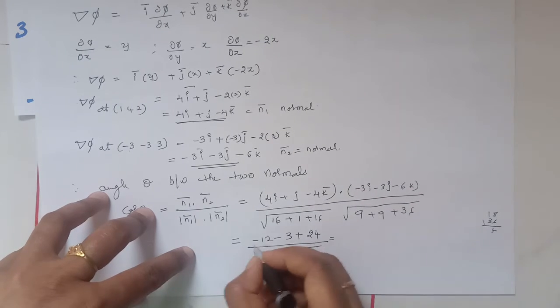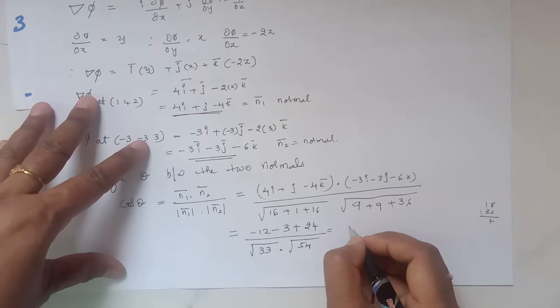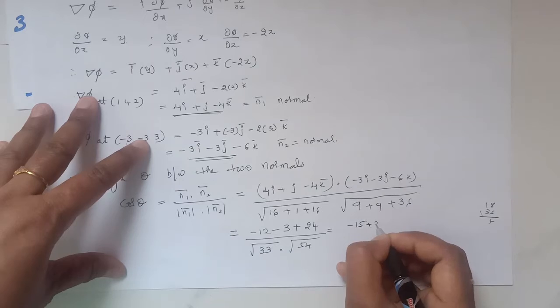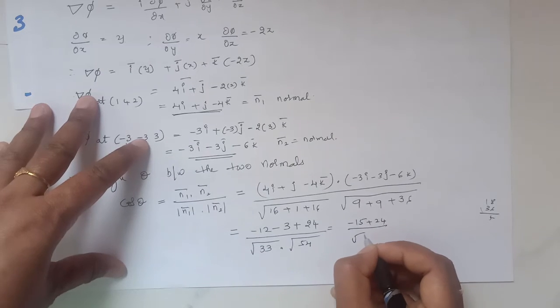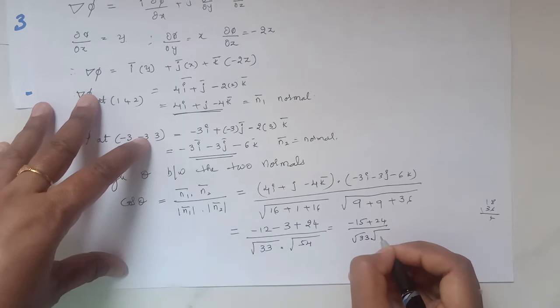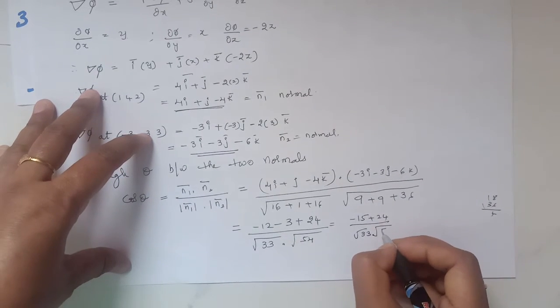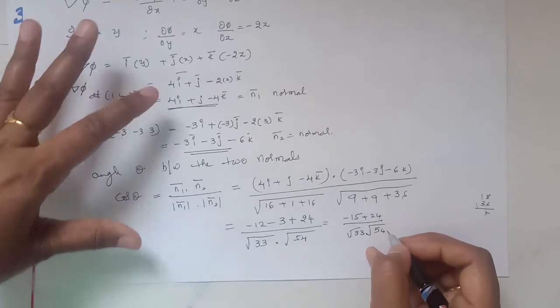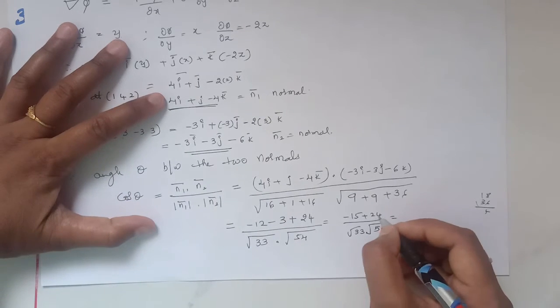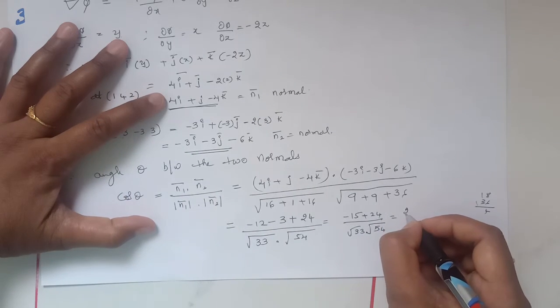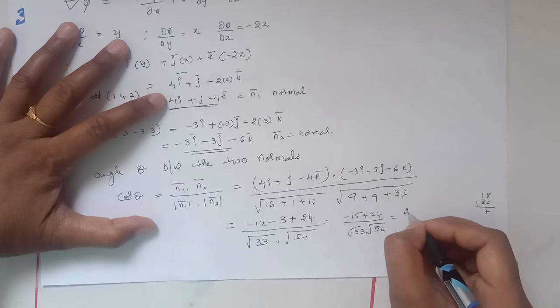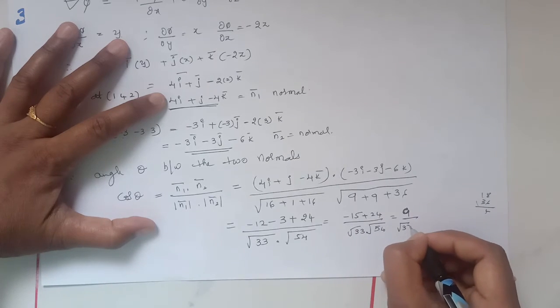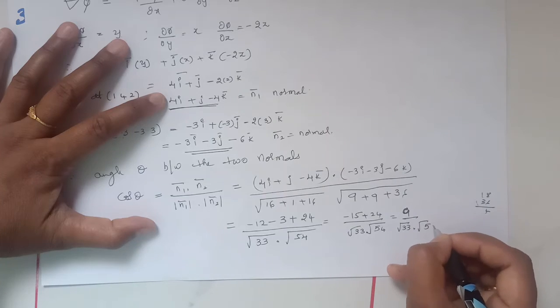This is equal to minus 12 minus 3 is minus 15, plus 24, by root 33 into root 54. So 24 minus 15 is 9, divided by root 33 root 54.